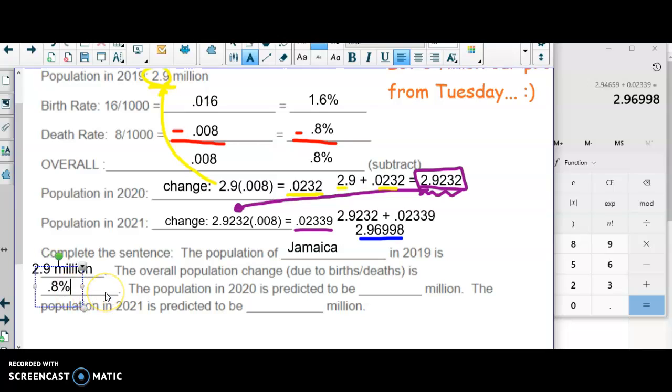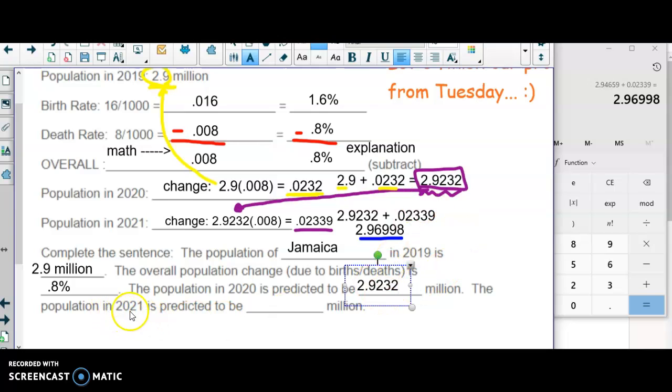Okay, we always use percent to describe. So in the explanation, we use percent. But then to do the math, we use the decimal form. Okay? The population 2020 is predicted to be, what's our answer? 2.9232. Let's put that in, 2.9232 million.